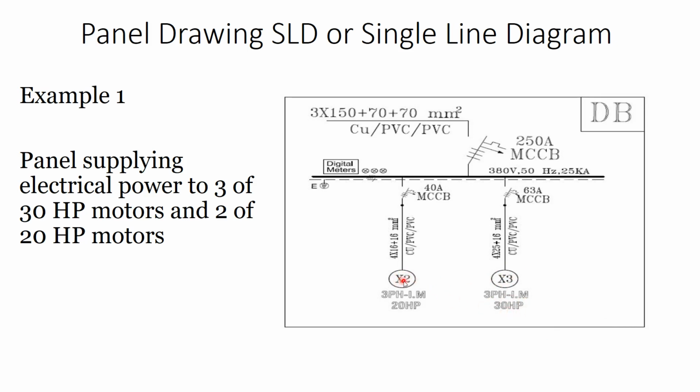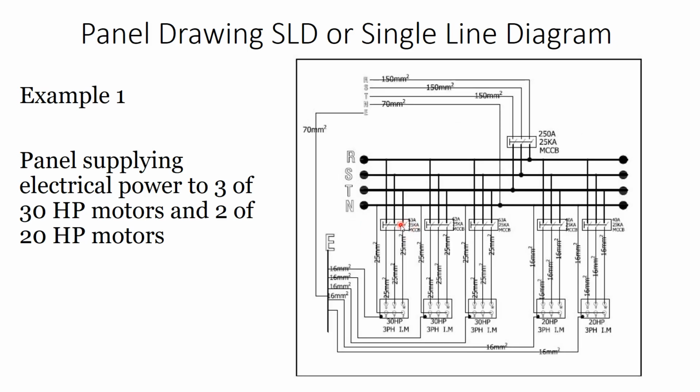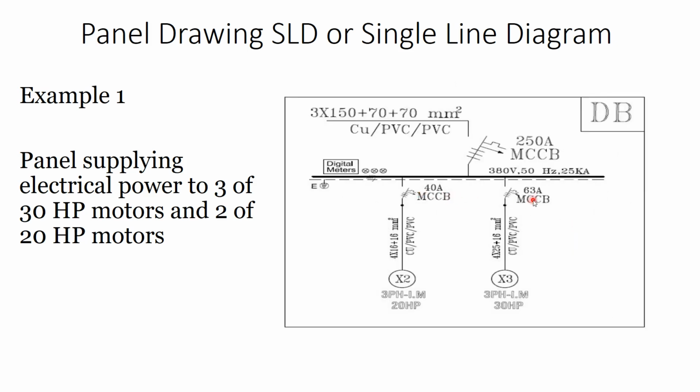X2 is for a 3-phase induction motor, 20 horsepower. You can see here the circuit breaker itself, molded case circuit breaker, 40 ampere, 63 ampere, which is the same breaker used here, 63, 40 ampere, 40 ampere and 63.